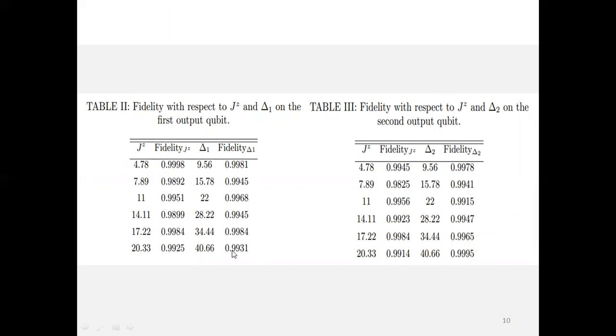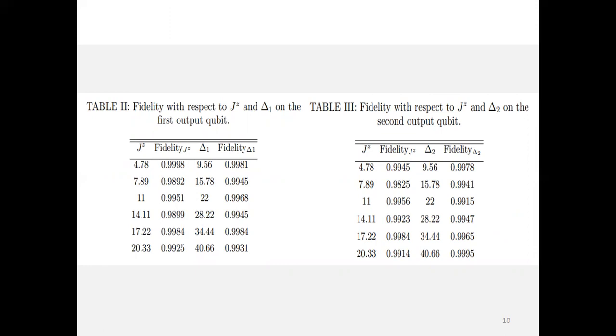The first table is for output qubit 1, and the second table is for the second output qubit. These are for the specific values of JZ, 4.78 and 7.89, and the corresponding values of delta 1, 9.56 and 15.78. Delta 1 is for the first output qubit, and the working of this router depends upon JZ and delta 1, not delta 2.